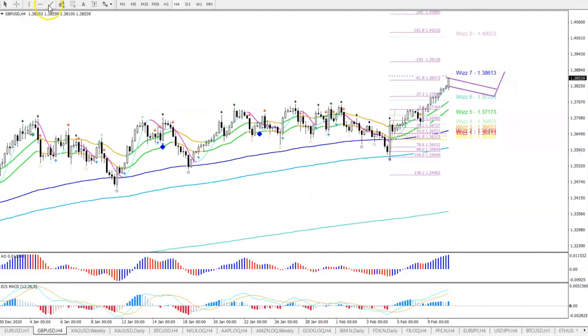Now that push towards WIS 8 could become choppier. The momentum could fade and we might settle in some kind of channel like this. And how far that channel goes really depends a little bit on how much momentum there is. But ultimately, it could reach 140, the psychological round level, WIS 8 and the minus 161.8 target.